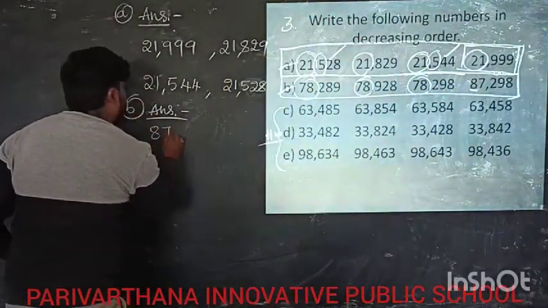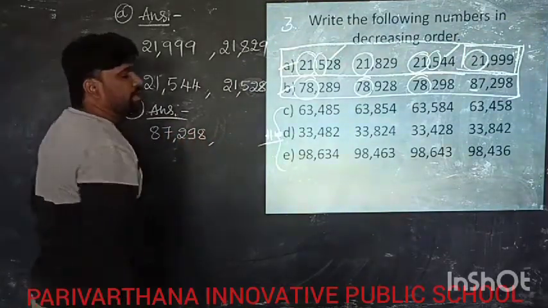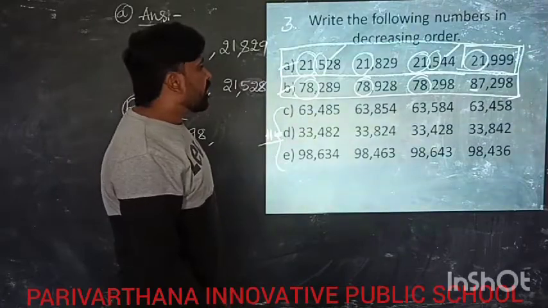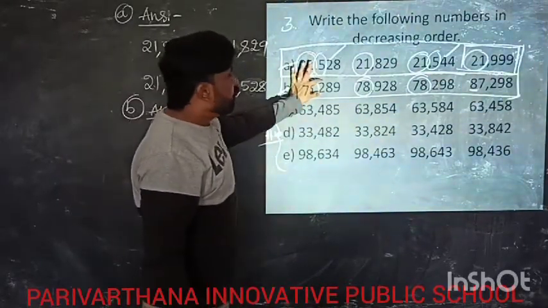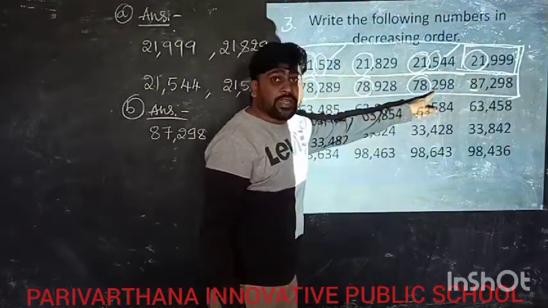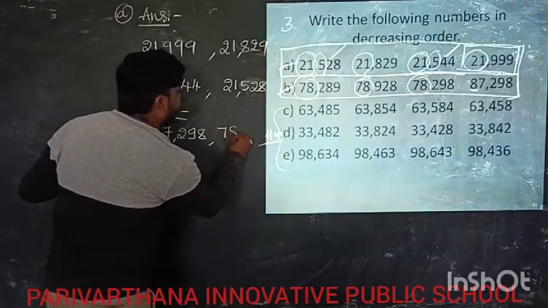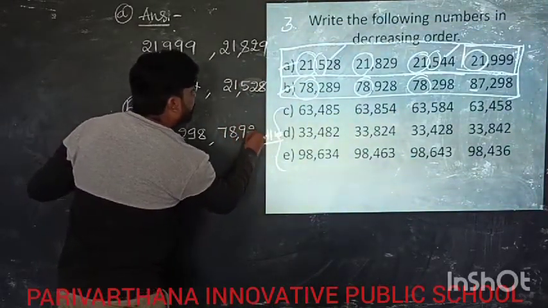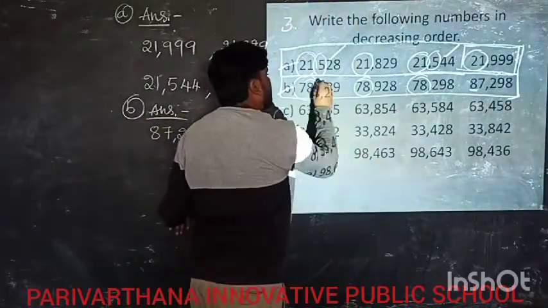First one is 87,298. Now 100 place 2, 100 place 9. This is the big number. 100 place again 2. Therefore this is the second place, that is 78,928.